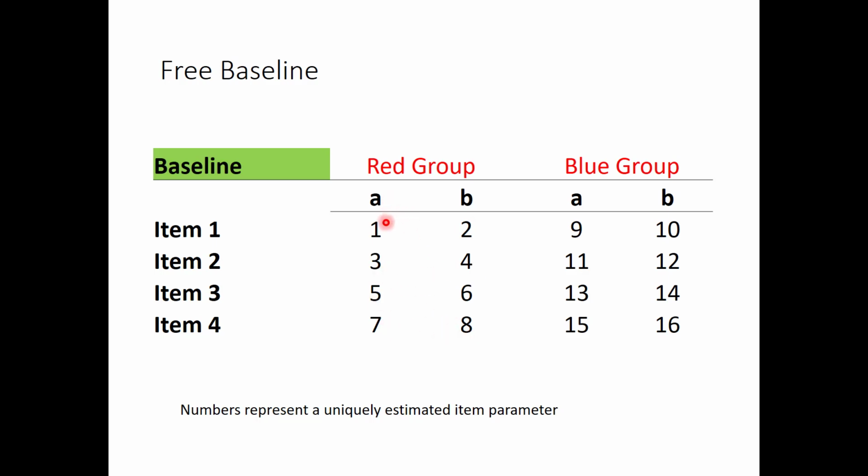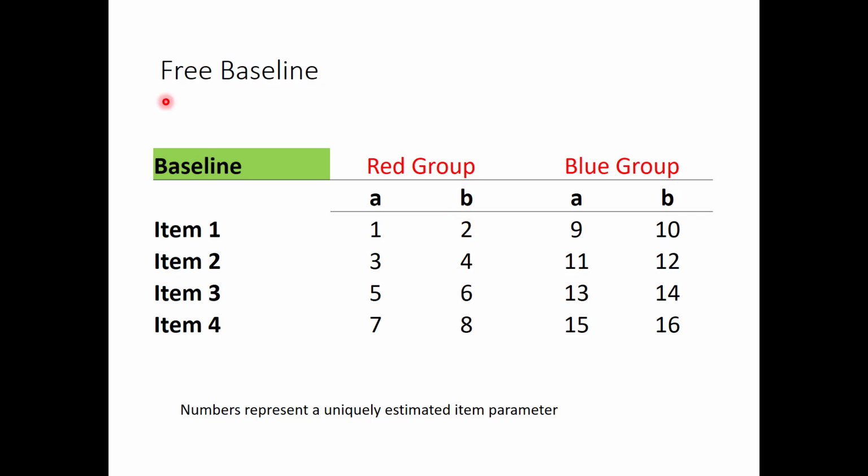They're basically placeholders. We don't know what the value will be, probably something like 1 or 1.5 for the A parameter, and the B parameter could be anywhere between -2 and +2. But when you see a different number, you know it's a unique estimate.